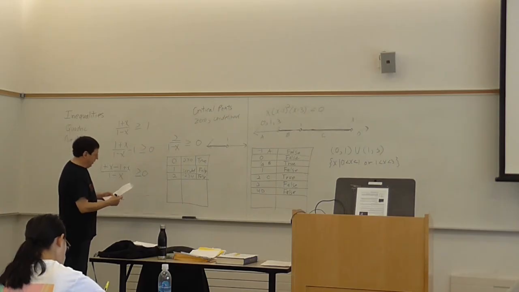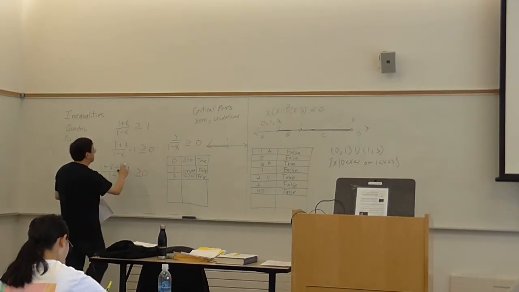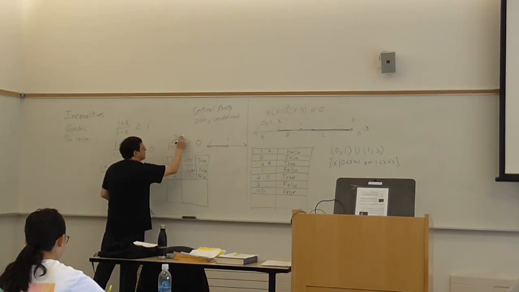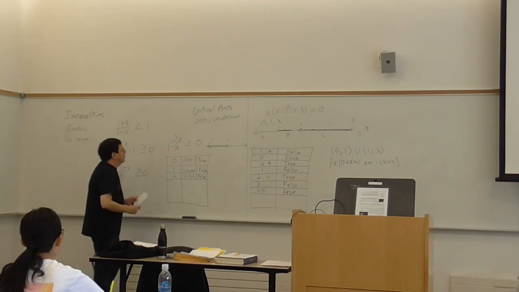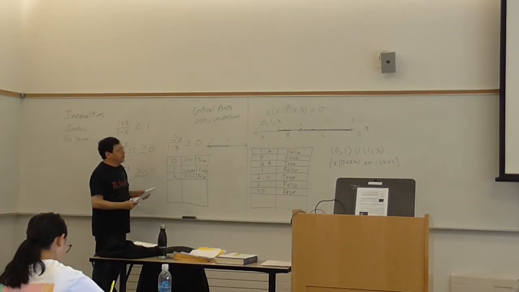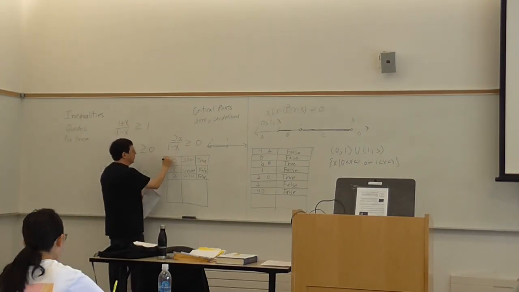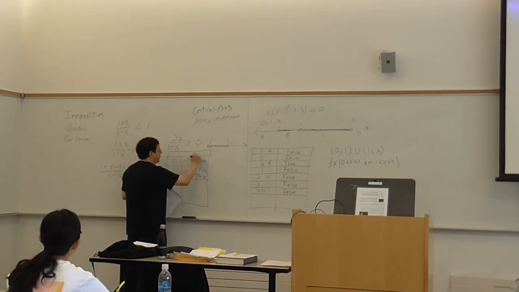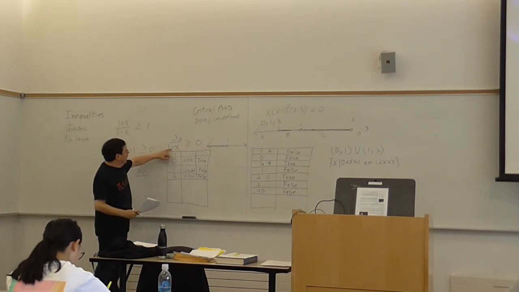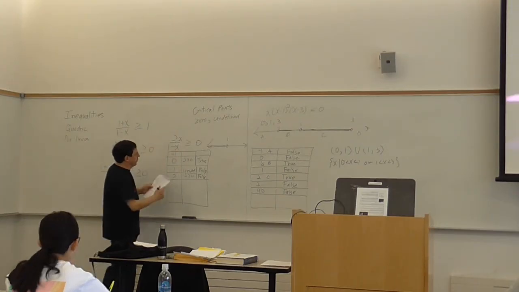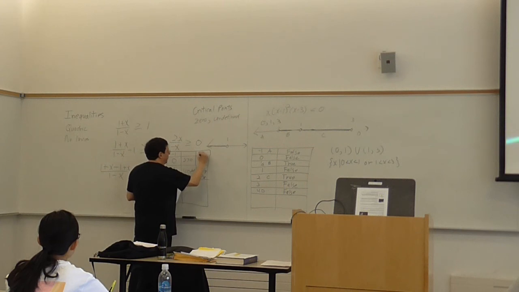I'm missing something here. Oh. In my haste, I forgot, this is 2x. So that means 0 is also a critical point. So I actually have to look up here at minus 1. So 1 minus minus 1 is 2. Minus 2 greater than or equal to 0 is also false.